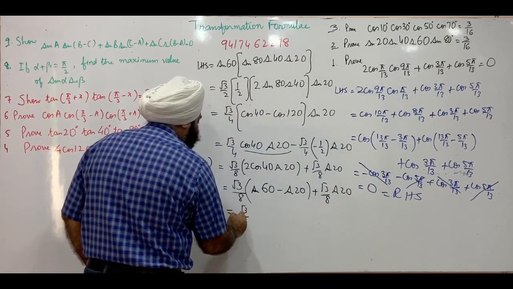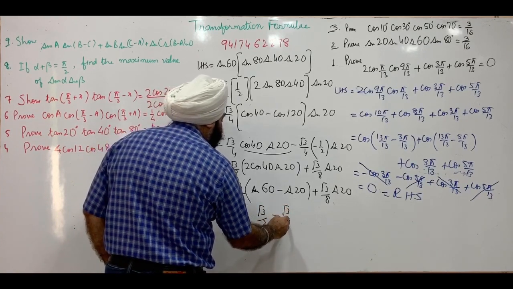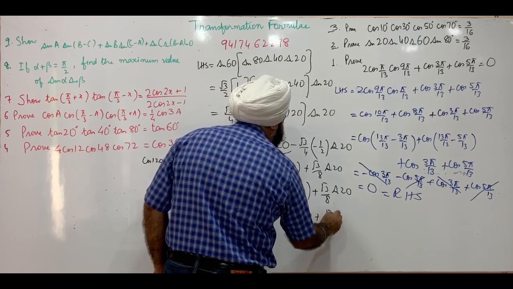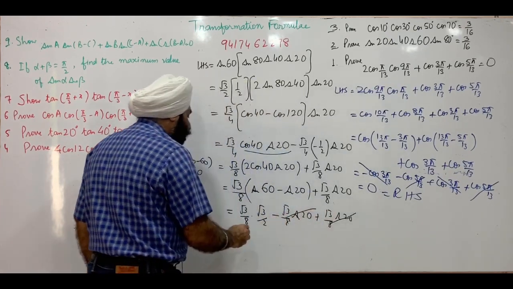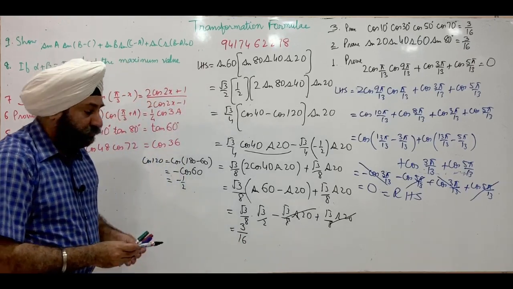This is root 3 by 8 into root 3 by 2 minus root 3 by 8 into sine of 20 plus root 3 by 8 into sine of 20. So this will cancel. This gives us 3 by 16. This is what we wanted to do.